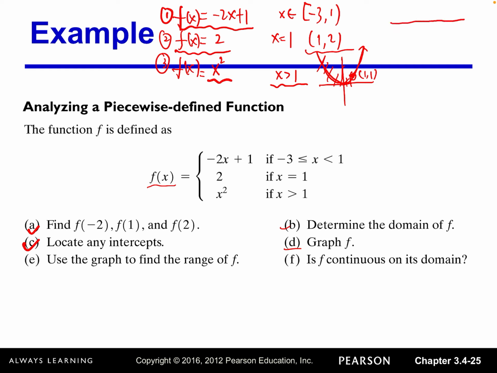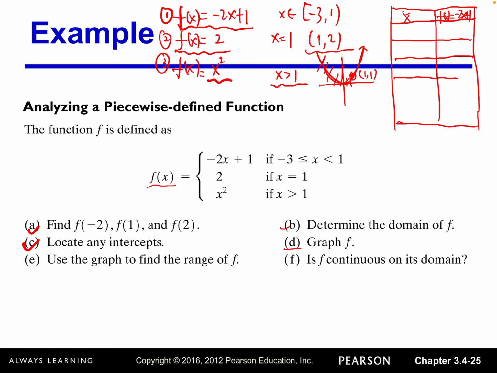The first one is a straight line, and we need to identify some points. So I'm going to create a data table. Here's x, here's f of x equals negative 2x plus 1. What points do we need to identify?